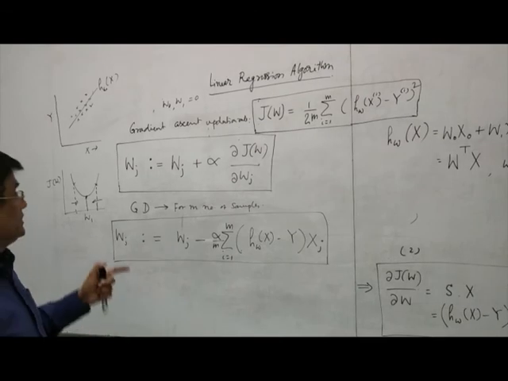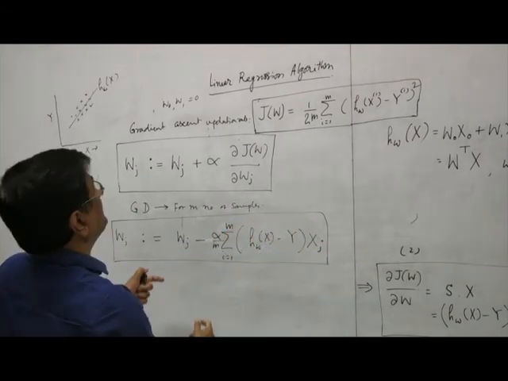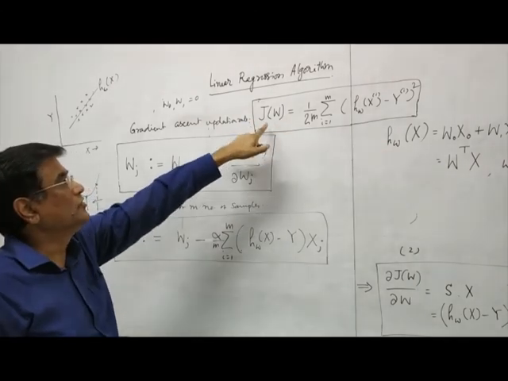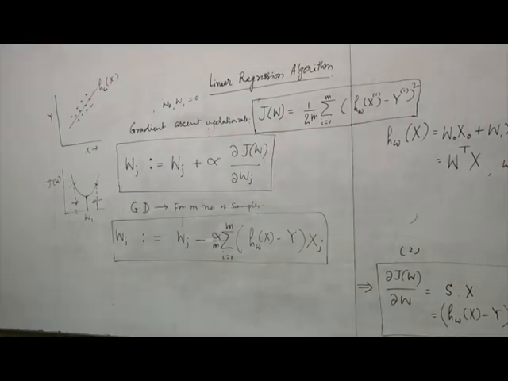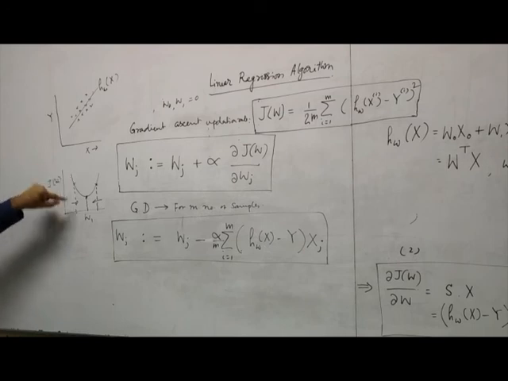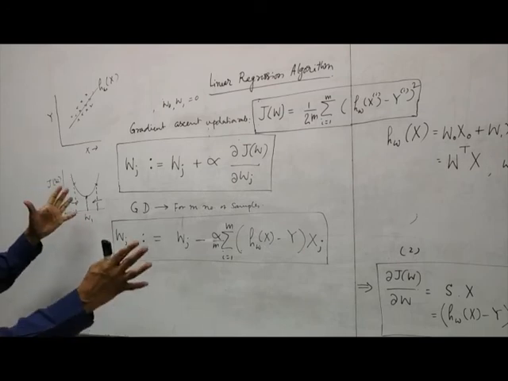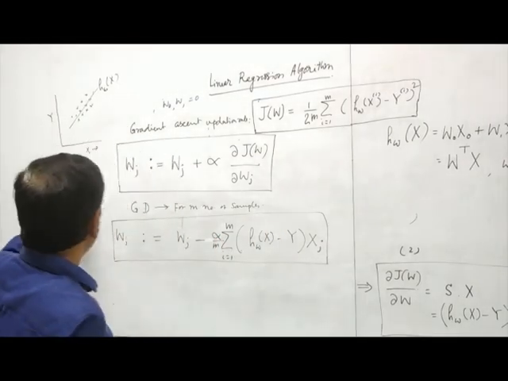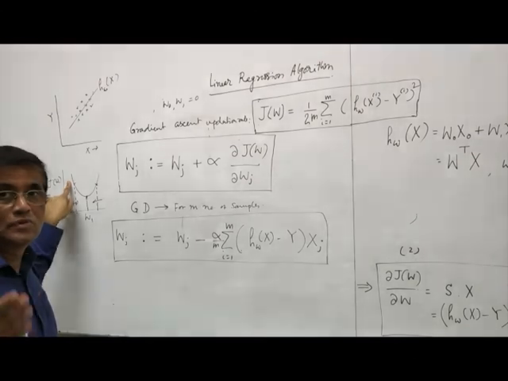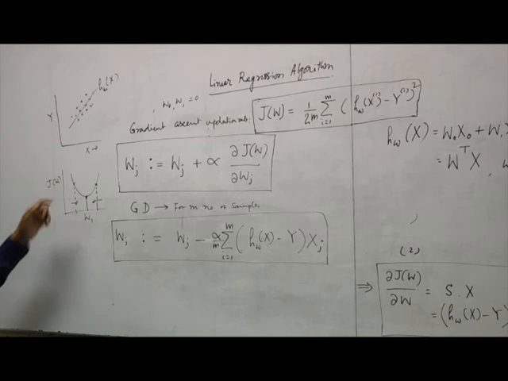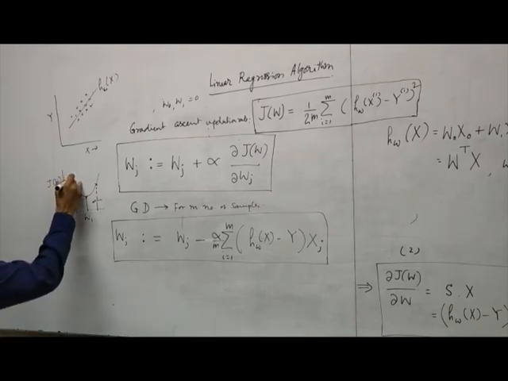One more thing, we have formulated this problem in such a way that I am not evaluating this, but it is a good idea to evaluate this function also. Why? Because it will tell you that you are not going further down the line. Whatever parameter value is being refined in the process of running the iteration, JW always has to decrease. In one step of iteration, JW has some value here for this parameter.